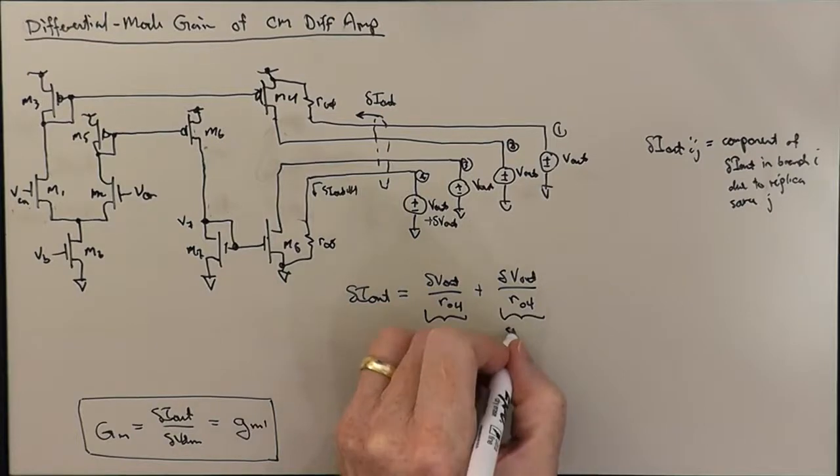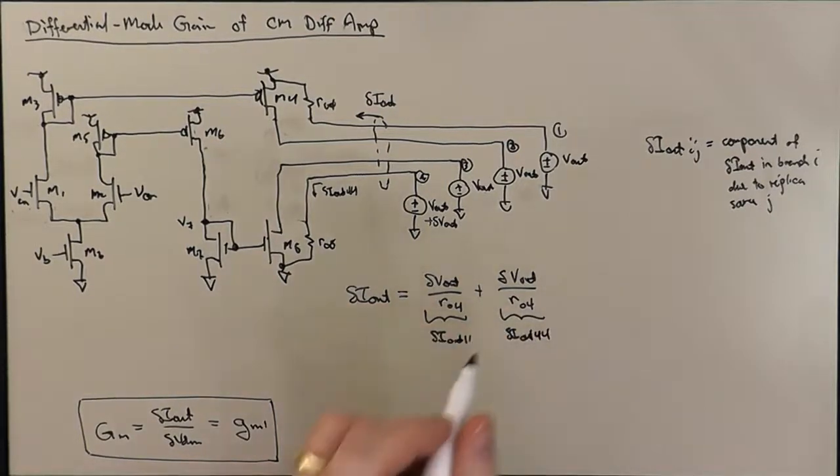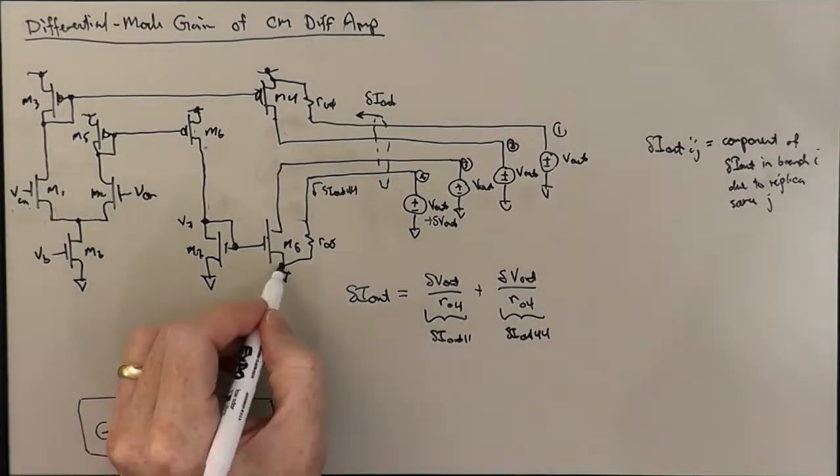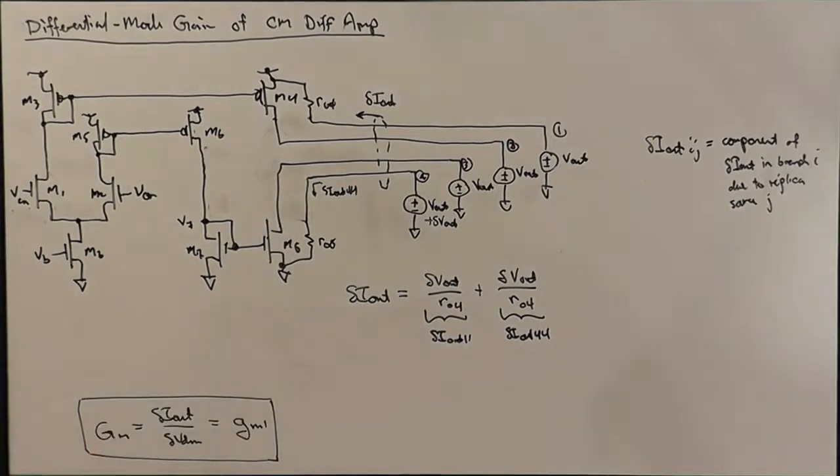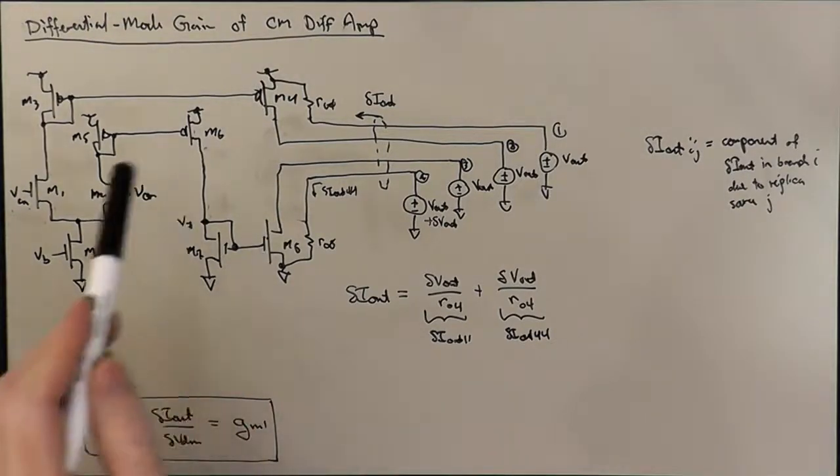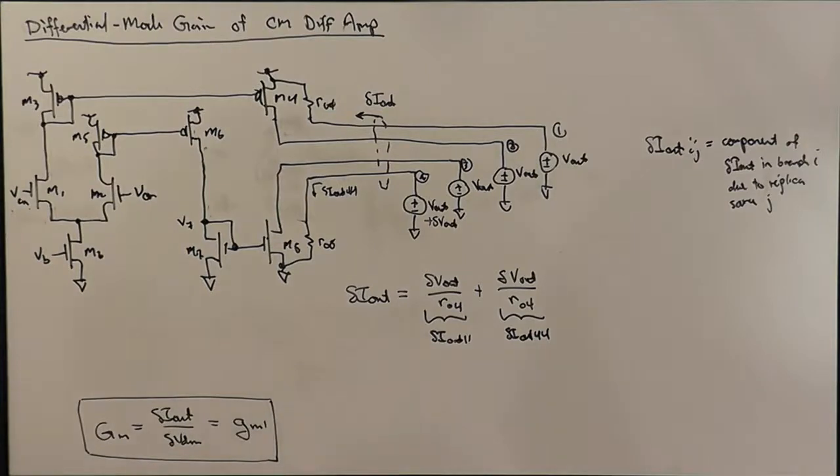But in this case, also that just flows into ground, doesn't affect any other current flow in the circuit at all, and so does not excite any more components of delta I out. And so this is our complete delta I out. Of the 16 possible components, only 2 are non-zero, and 14 are 0. And this is actually fairly typical of the way this works out.